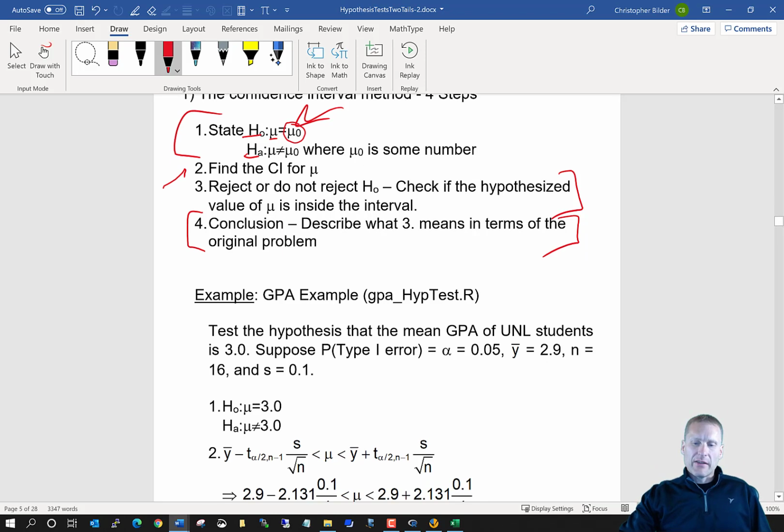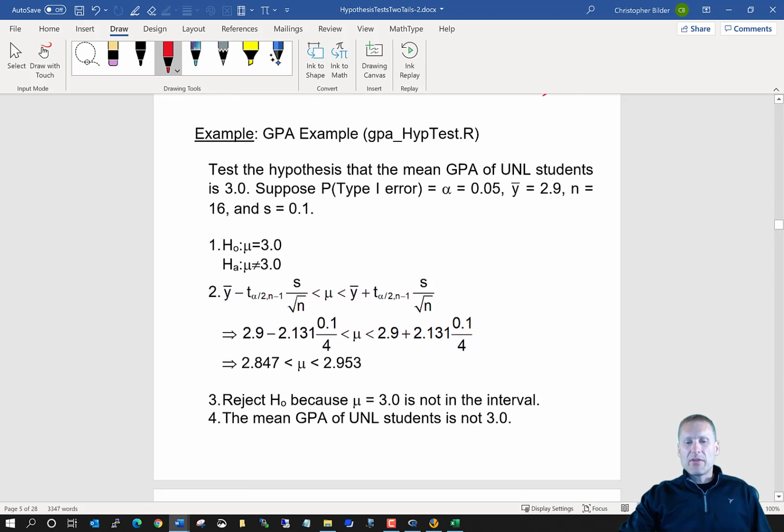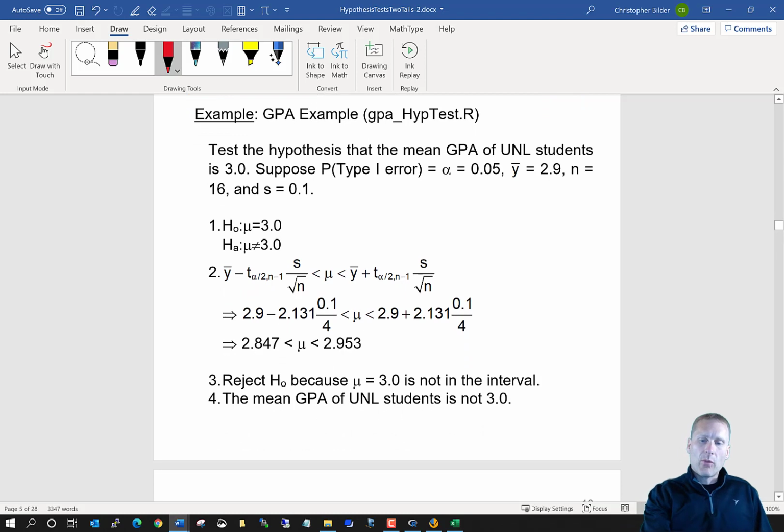Okay, so let's take a look at an example. This deals with GPAs. We simply want to test the hypothesis that the mean GPA of all students, doesn't have to be at UNL, for a particular university, is 3.0. Now, let's suppose that the probability of type 1 error is alpha.